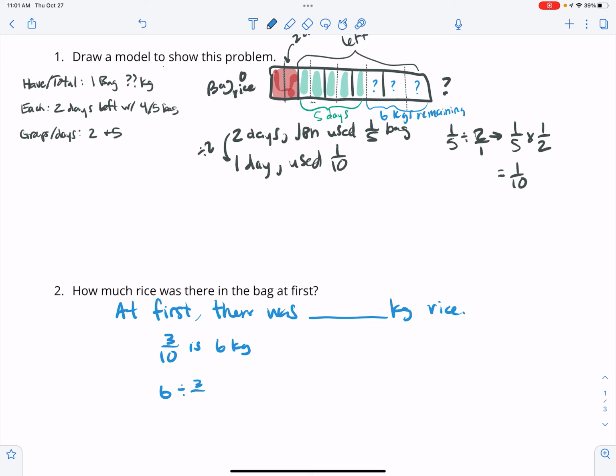Is that right? Let's see. Let's do 6 divided by 3, because that's going to be how many groups we have, and that equals 2. So if we erase these question marks up here, we know that in those 3 groups, there are 2 kilograms each, and so that does mean that there were 6 kilograms remaining.